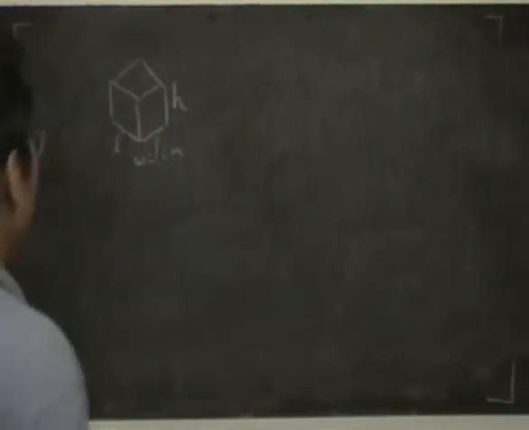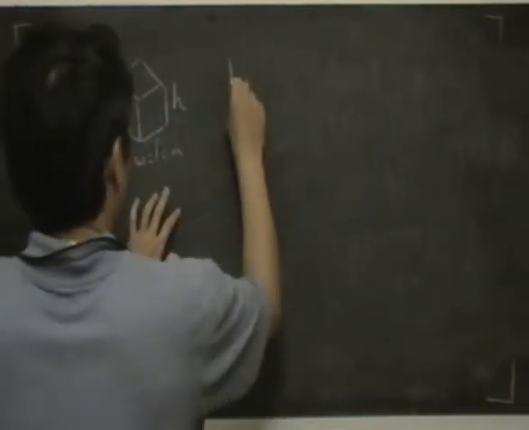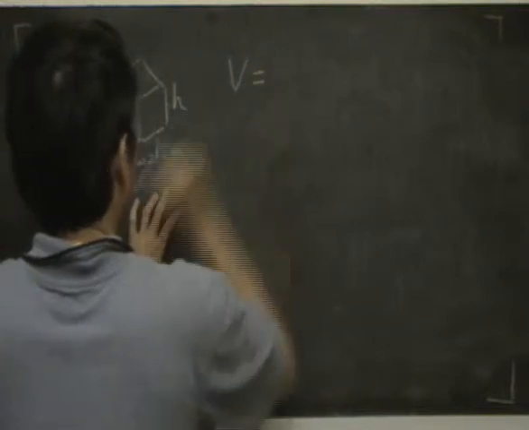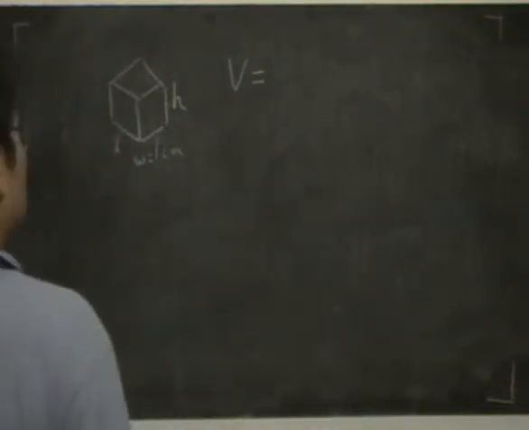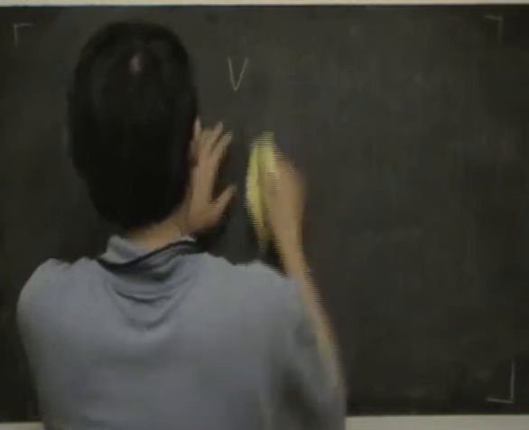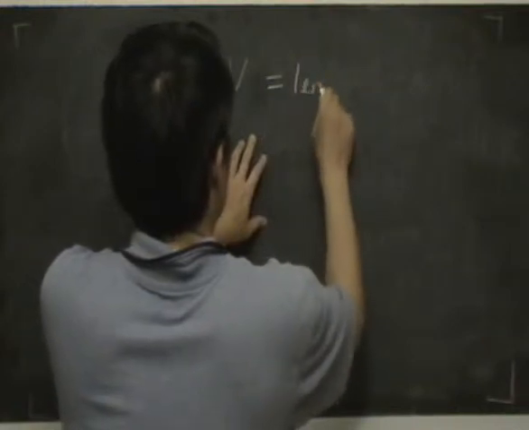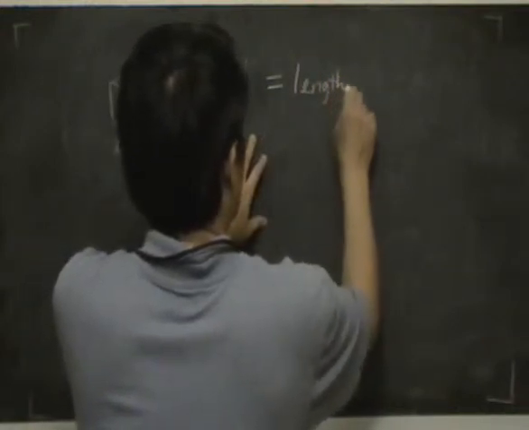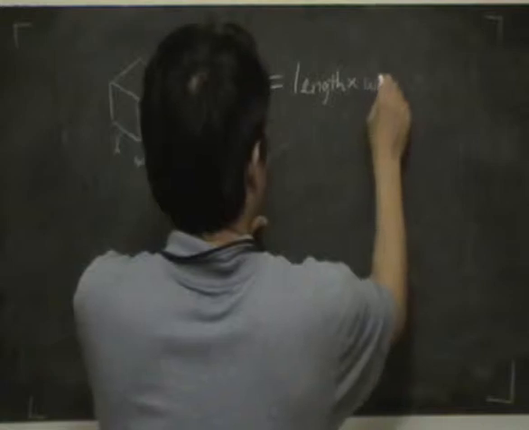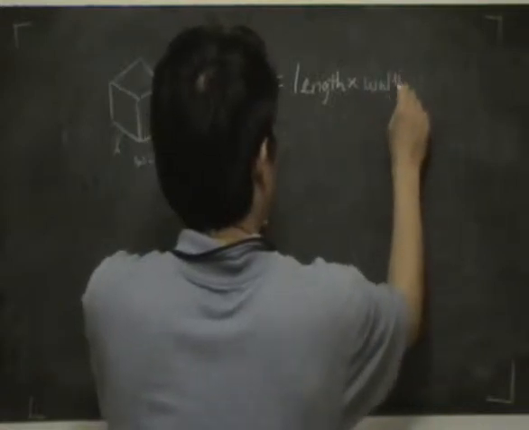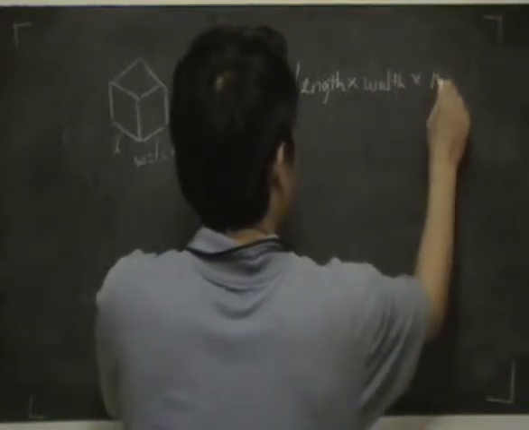So the formula for this is volume is equal to, let me first write that down in words. Volume is equal to the length times the width times the height.